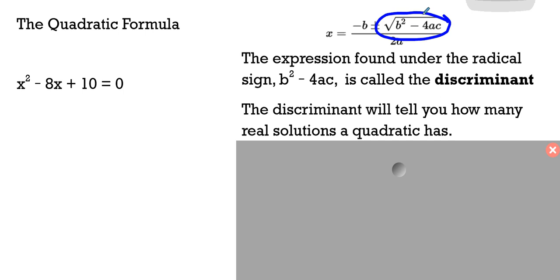If we do that calculation, that number that results is called the discriminant. And what that will allow us to determine is how many real number solutions a quadratic has, whether it's 2, whether it's 1, or whether it's 0.